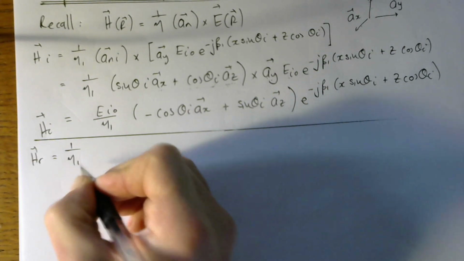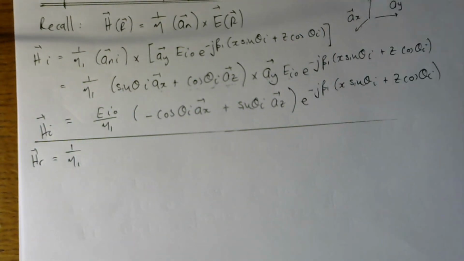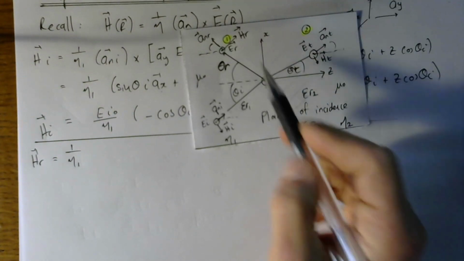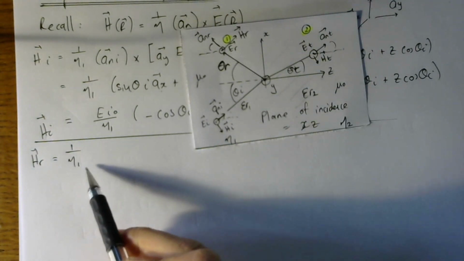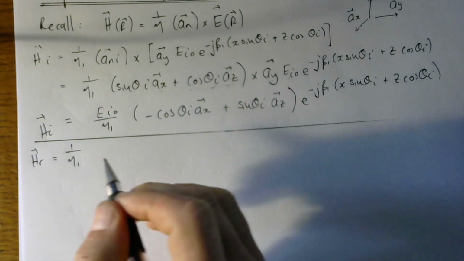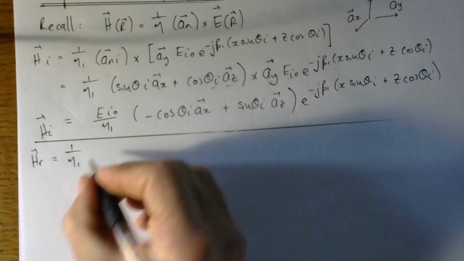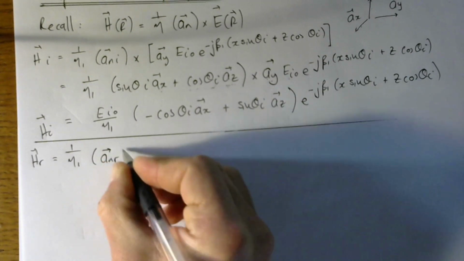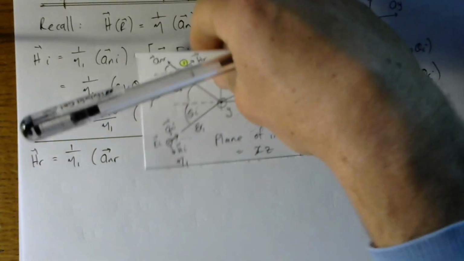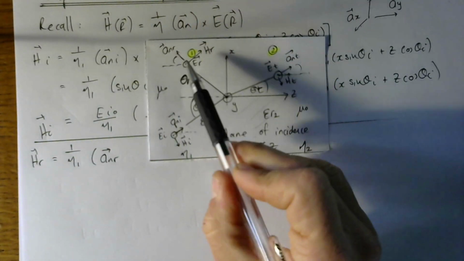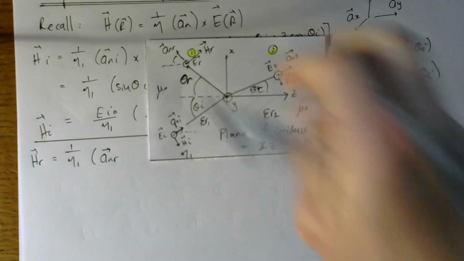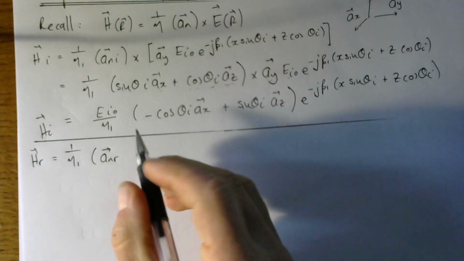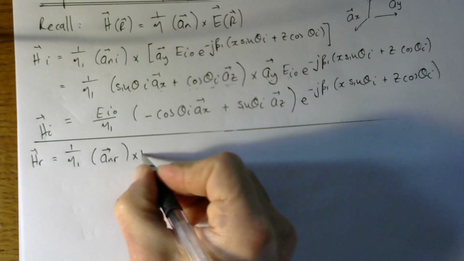Remember, I'm working in region 1, so that's why I have eta 1. That's the direction in which my field is propagating, ANR, cross ER.